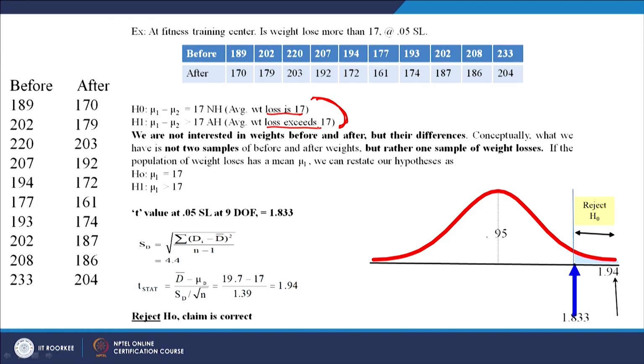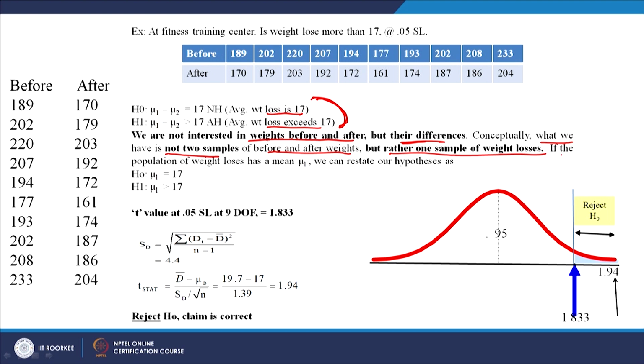Now, if you look at this question carefully, we are in fact not interested in the weight before and after, but we are interested in the difference, right. That is the point we try to prove in dependent samples: is there any difference before and after or not? So, conceptually what we have is not two samples of before and after weights, but only one sample of weight loss, and is that weight loss more than 17?